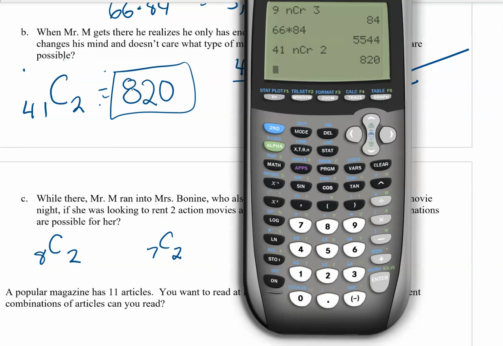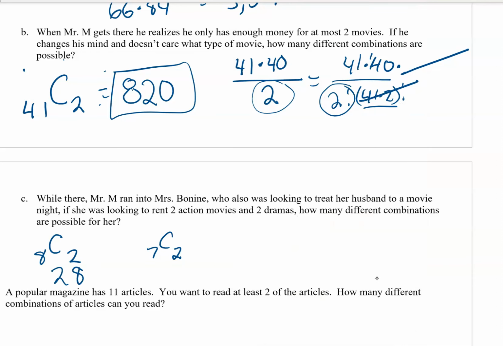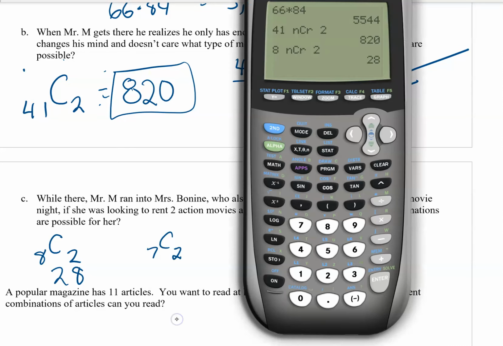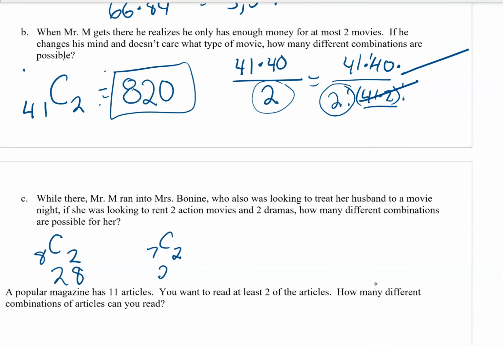So for each of these, we'll go into our calculator. 8 choose 2. 28 options for action movies. And then drama. 7 choose 2. 21 ways to choose from amongst those.